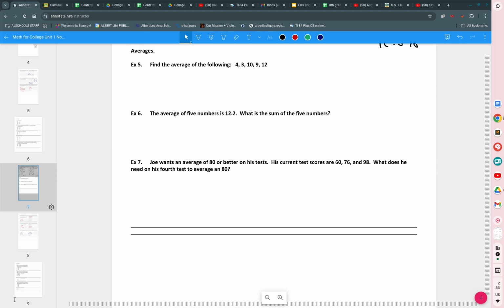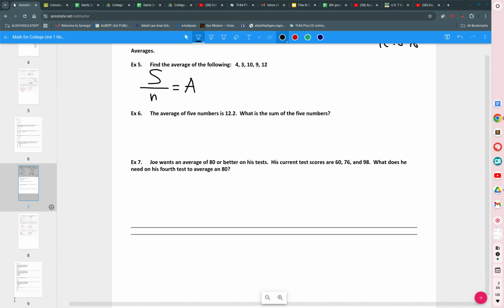The last three questions have to do with averages. The first question is pretty easy. The last question is a little bit more challenging. It says find the average of the following. The formula for finding the average is to find the sum divided by the number of things that we're adding up, and that is equal to our average. So S divided by N is equal to our average.